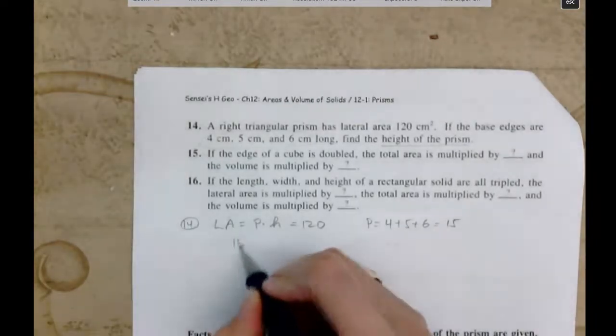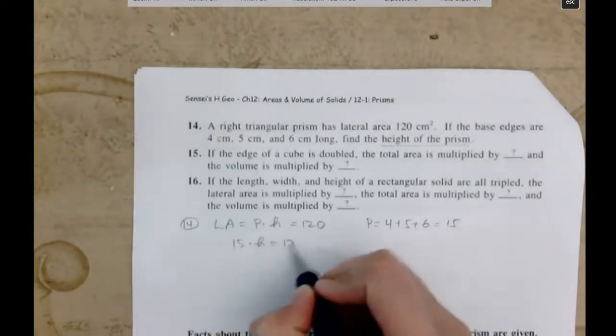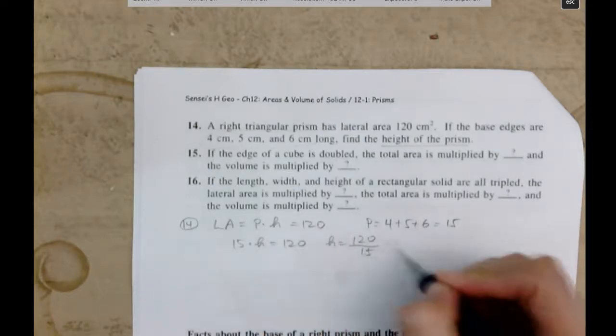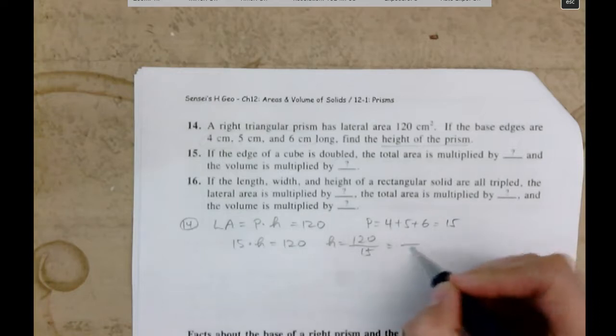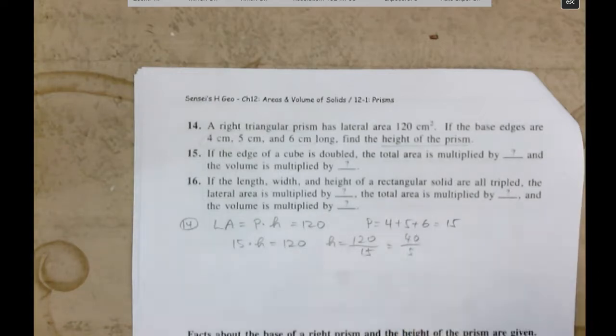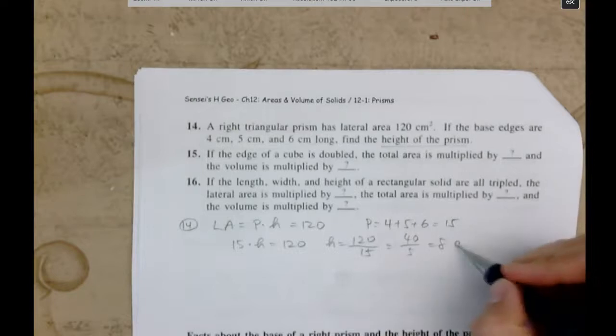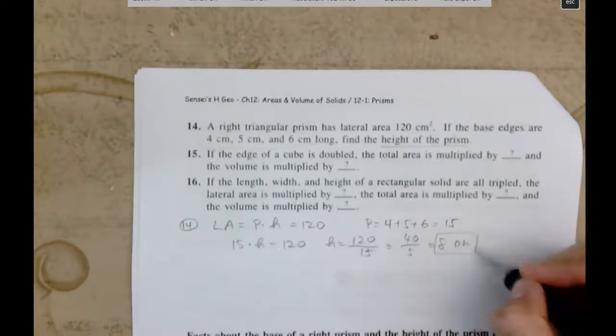So 15 times height is 120. So the height is 120 over 15, which is 8. So 8 centimeters. That wasn't bad.